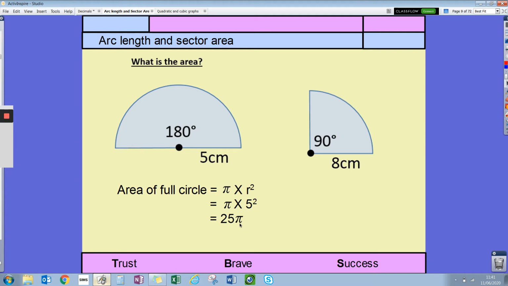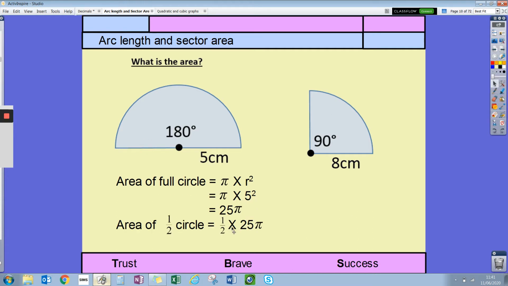I'm going to leave it like that because I haven't quite finished the question and I don't want to lose any exactness. Here we've got the full circle. We want just half of the circle. So we want half of the area of the full circle. Half multiplied by the area of the full circle, which when we put that in a calculator, we get 39.3 centimetres squared. And I've rounded that to 1 decimal place.